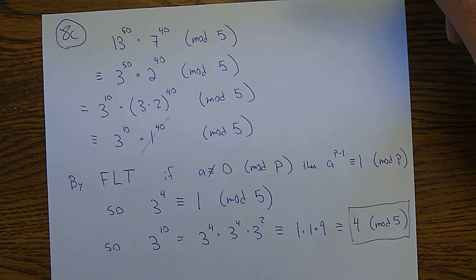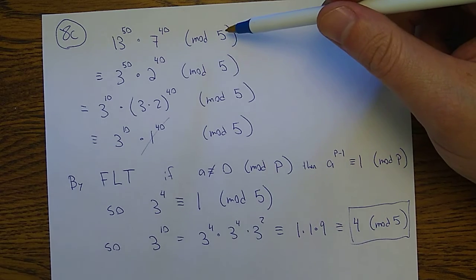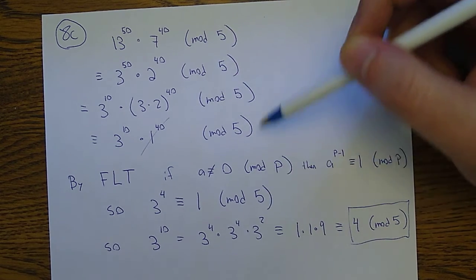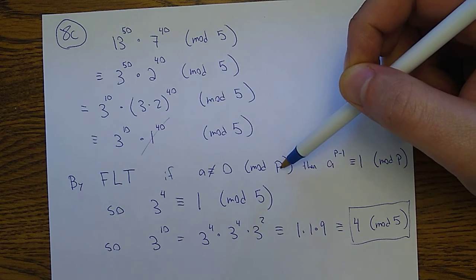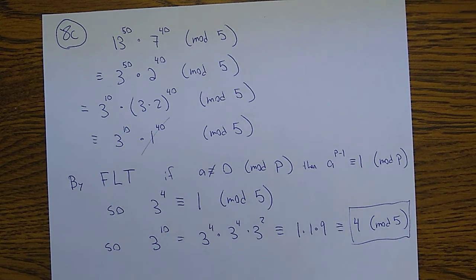Repeated squaring is probably the most applicable method because it works whether you're doing modulo a prime or not. Fermat's little theorem only works if you're doing modulo a prime, but repeated squaring always works. So if you're going to learn one method, that's probably the safest method to learn. Okay, so yeah, I'll call this good.